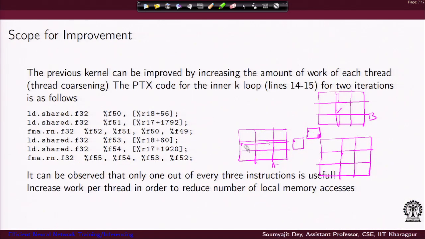In this loop, what is going on? Now, this thread is going to compute a multiplication of the data which has been loaded by all threads here with the data that has been loaded by every thread here, right. So, this multiplied by this. So, that gives it a partial sum.